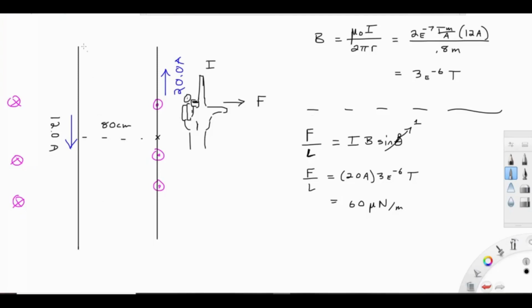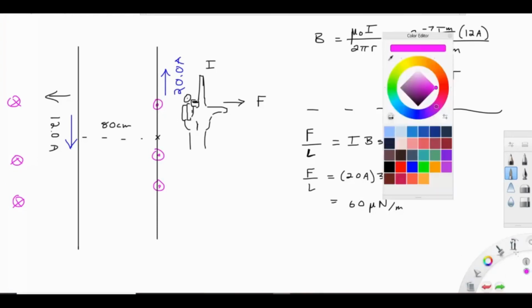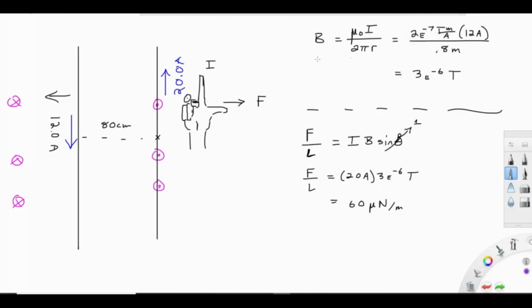Okay, this means that the presence of this wire's current is causing this wire's current to experience an opposing force. If you use Newton's third law, you could see that the force that this wire experiences due to the presence of this wire should also be in that direction and should also be 60 micronewtons per meter. We can also use our right-hand rules to find that since the current in this wire is up, then we would expect the influence of its magnetic field, which is not going to be the same magnetic field, it's a separate magnetic field.